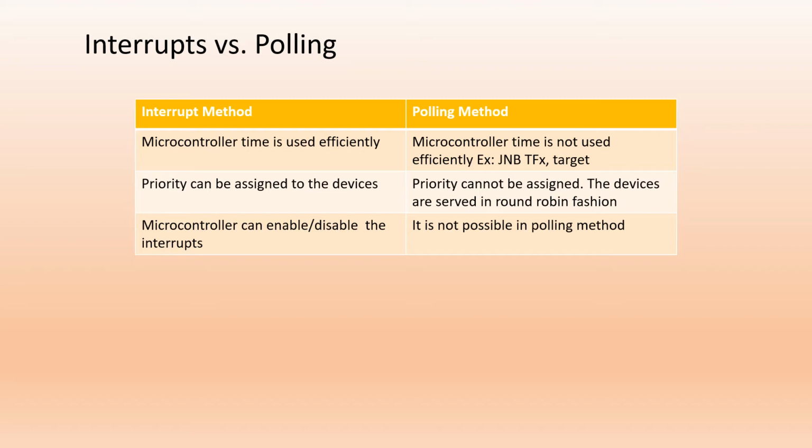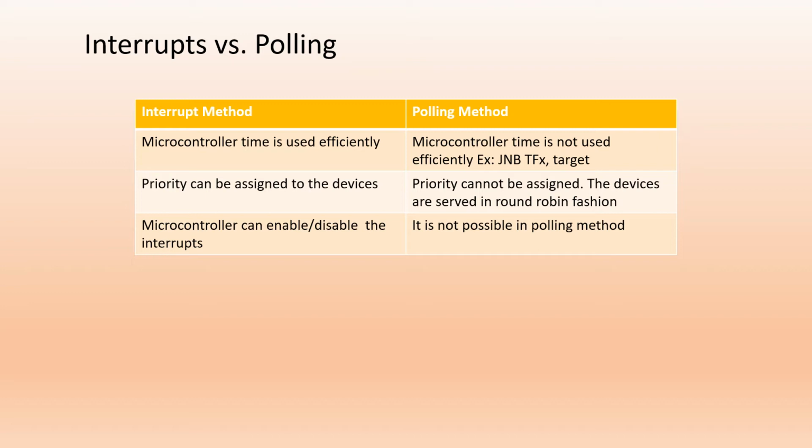In the interrupt method, each device can be assigned a priority. Whenever a higher priority device sends a request, the microcontroller first goes and services the higher priority device. So in the interrupt method priority can be assigned to the devices, but in the polling method priority cannot be assigned. It serves the devices in round robin fashion. That is one disadvantage.